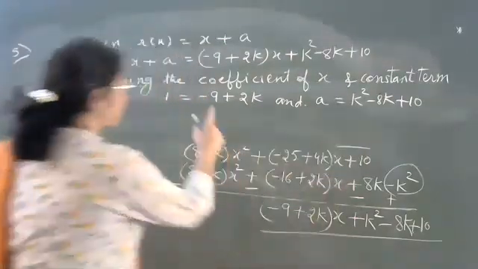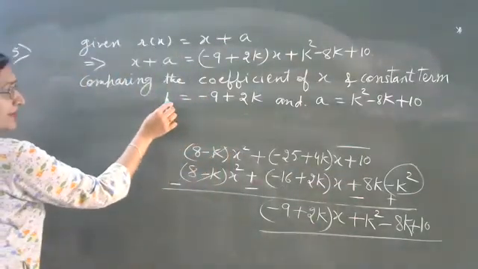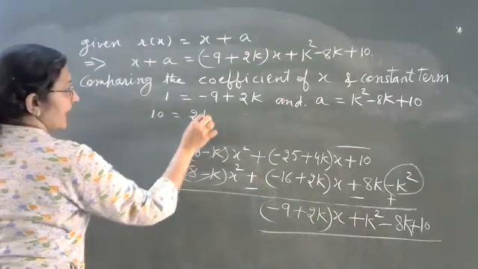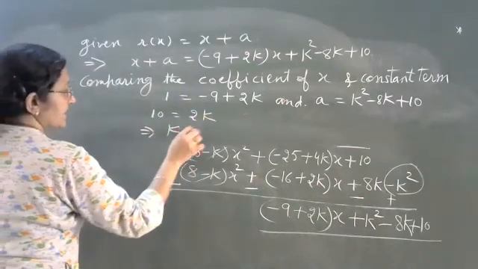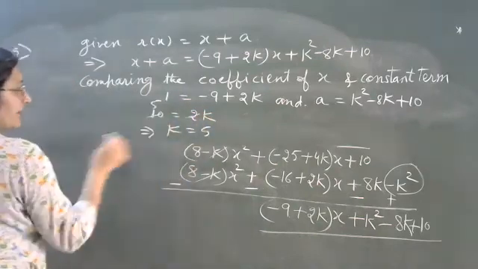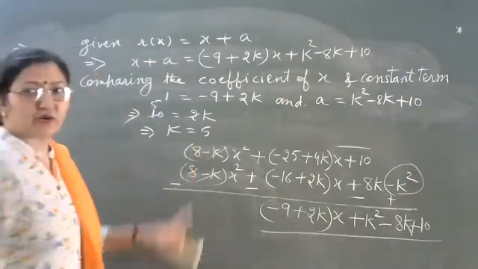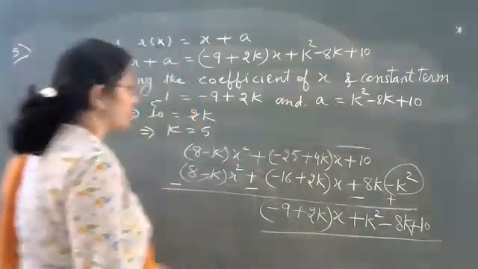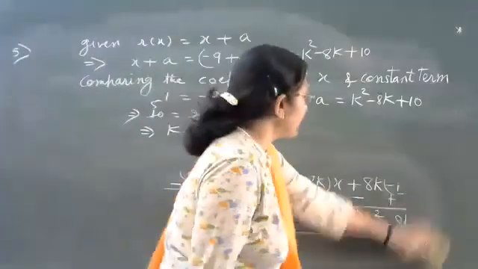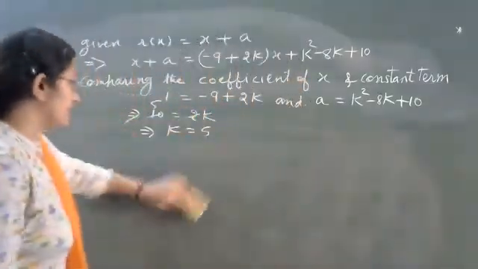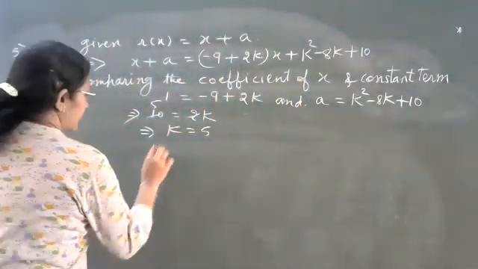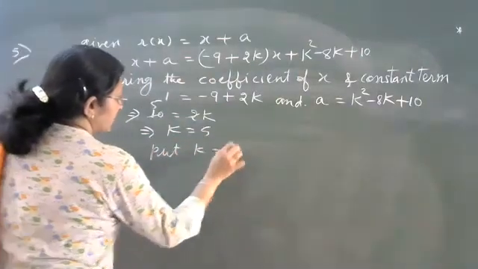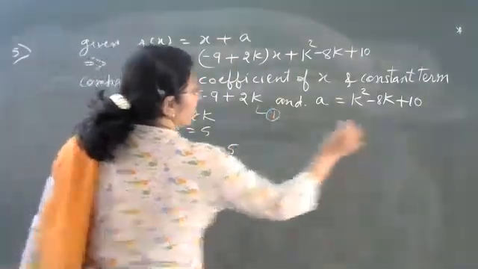Now solve this equation. -9 will come here, it will become 10 is equal to 2k, which implies k is equal to 5. ये कट हो जाएंगे. अब ये 5 वैल्यू इसमें डाल दो, इसमें डाल दो इक्वेशन में. ठीक है, आपके पास k की वैल्यू आ जाएगी. Put k is equal to 5. That is equation number 1.